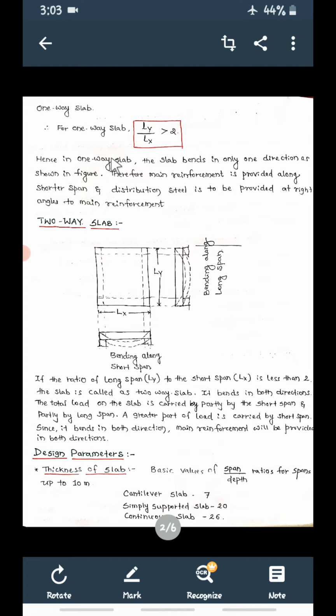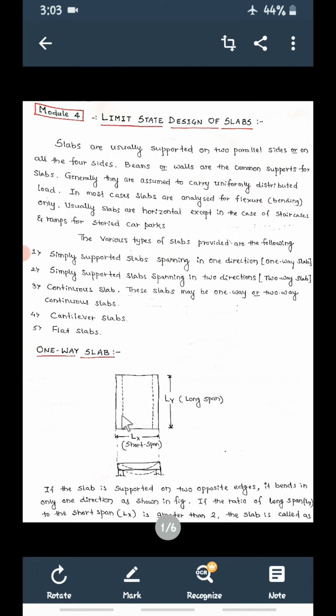So in a one-way slab, the slab bends in only one direction as shown in the figure. Therefore the main reinforcement is provided along the shorter span, because it bends along the shorter span.